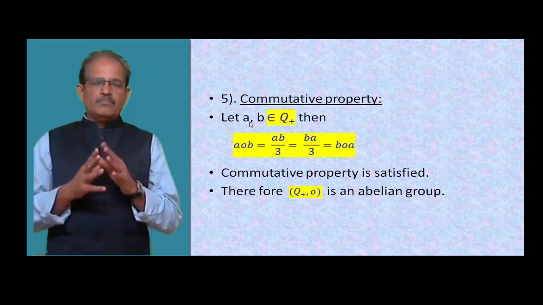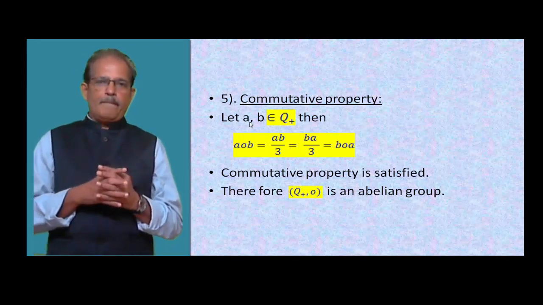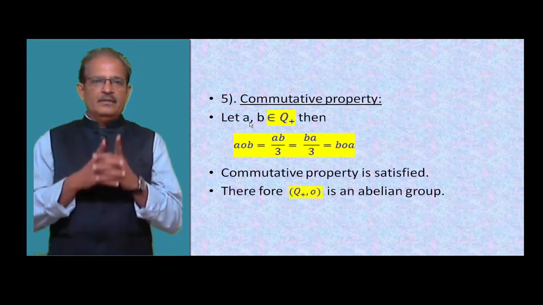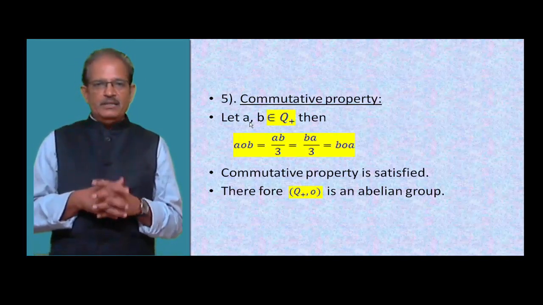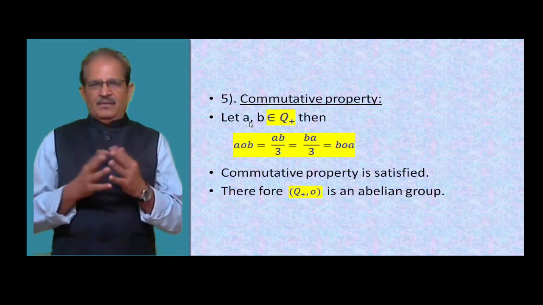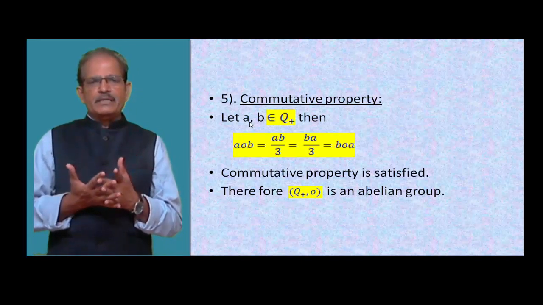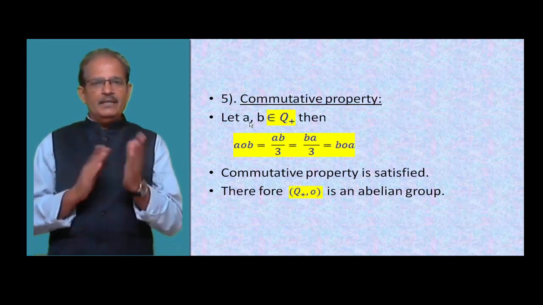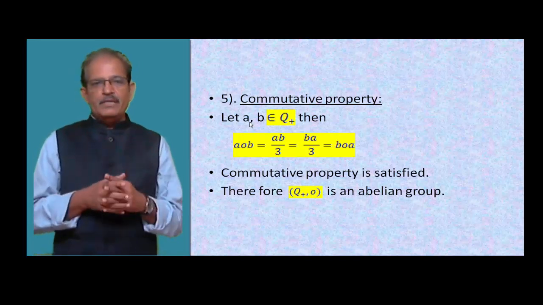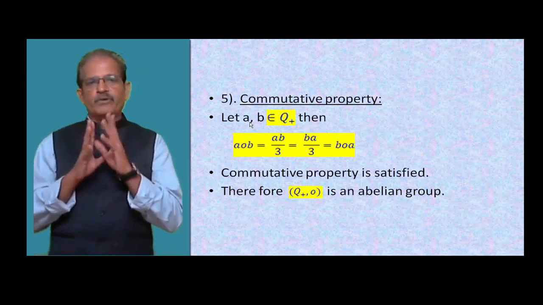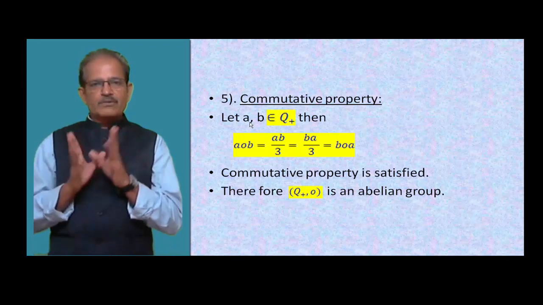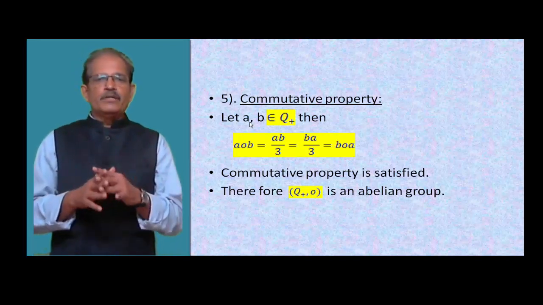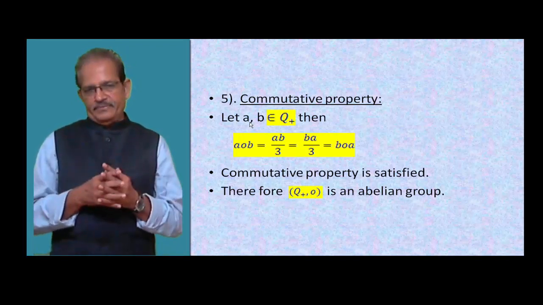So let A, B belong to Q plus. Then AOB, by definition, is AB by 3. AB by 3 can be written as BA by 3. So BA by 3 is again BOA. So that means AOB is equal to BOA. When AOB is equal to BOA, the commutative property is satisfied.